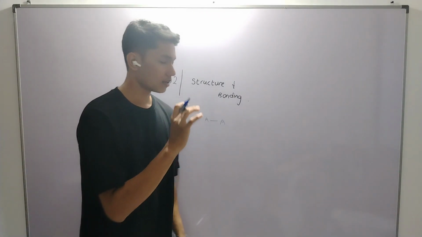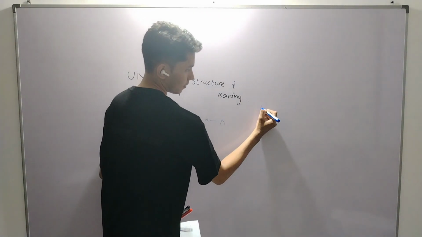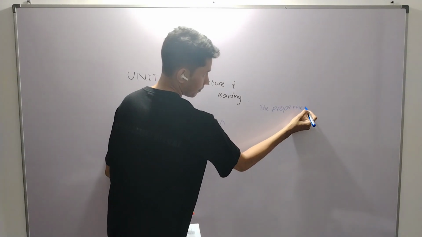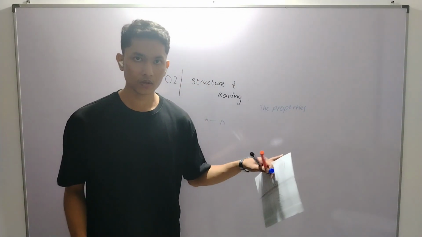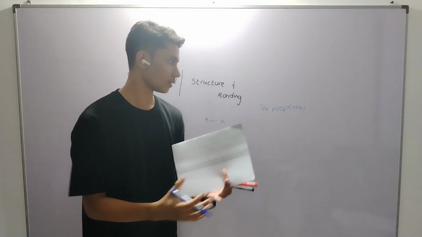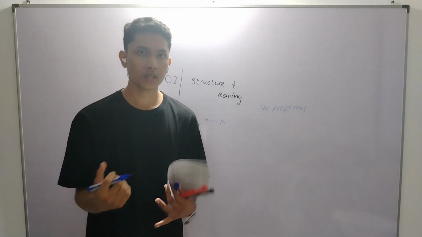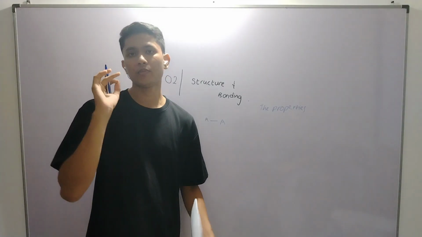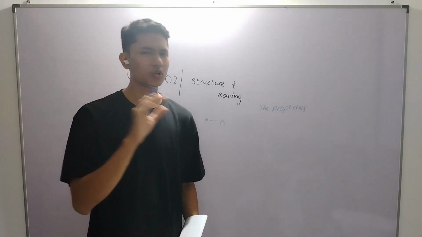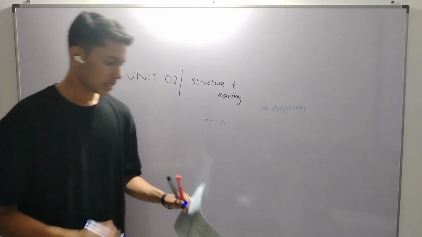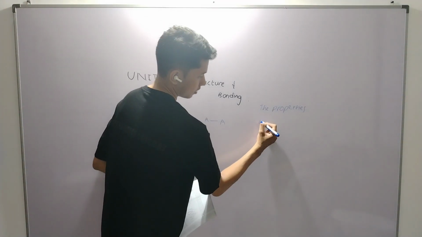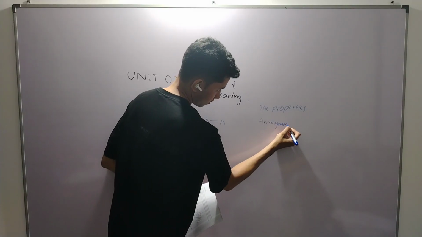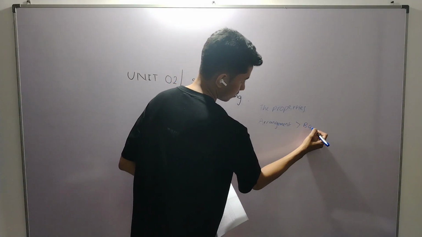Because the properties of a molecule or a compound is determined by the structure, by the arrangement of the molecule. Not mainly by the bond, okay? So, by the arrangement, okay, more than the bond.